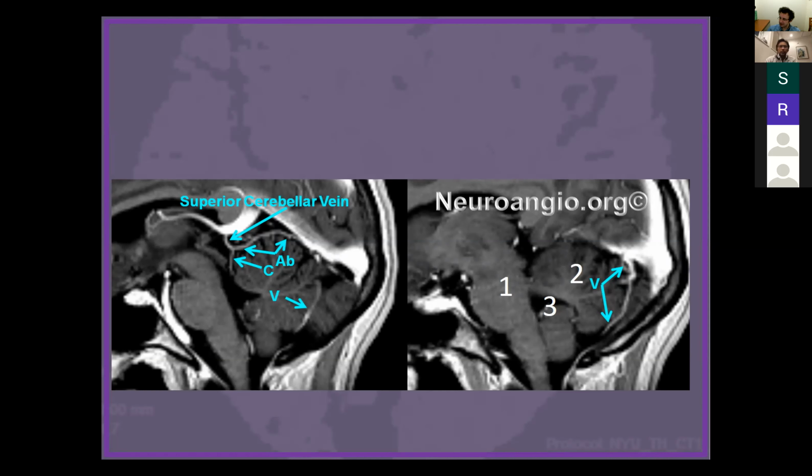Like you want to look at these veins and say, okay, where is the outline of the brainstem? Can I look at these veins and understand where the brainstem is? Can I look and understand where the cerebellum is? That's number 2. And number 3 is going to be the fourth ventricle. So if you can put these structures in your mind, overlay them on the angiogram or the venogram, you're going to be a long ways towards understanding these things.